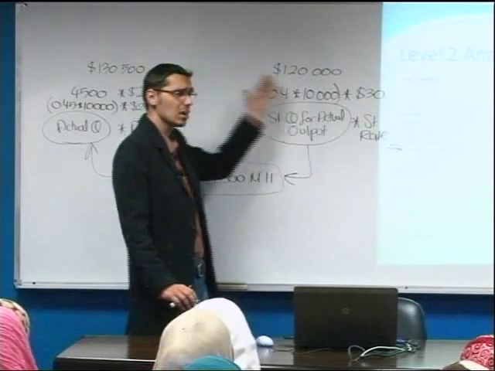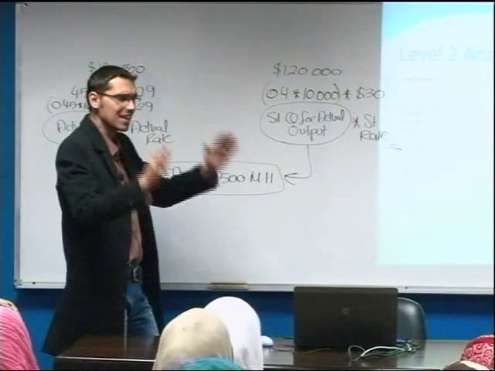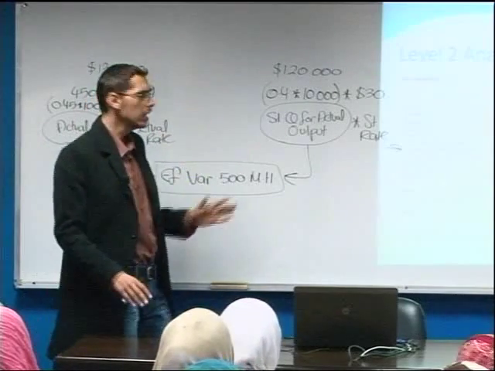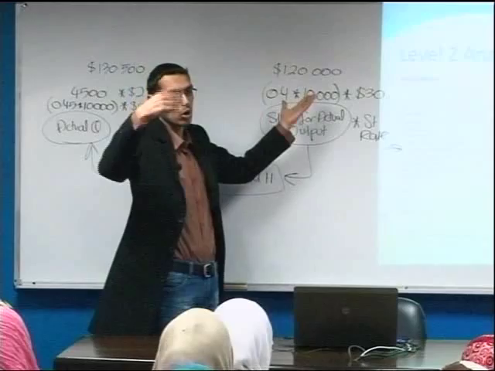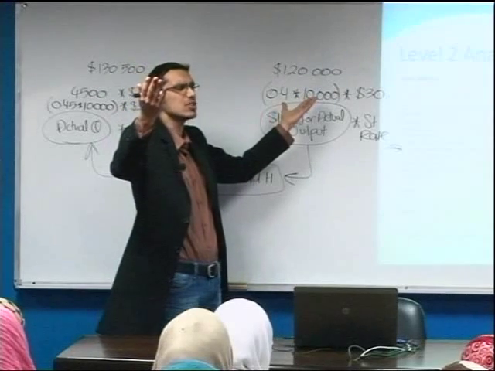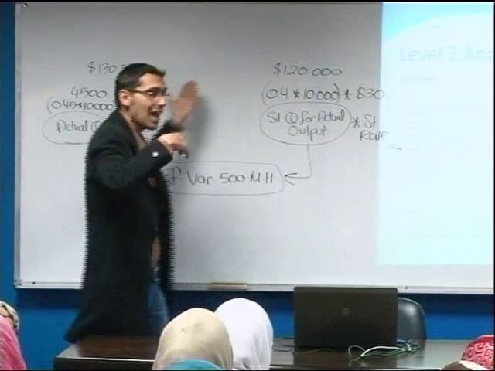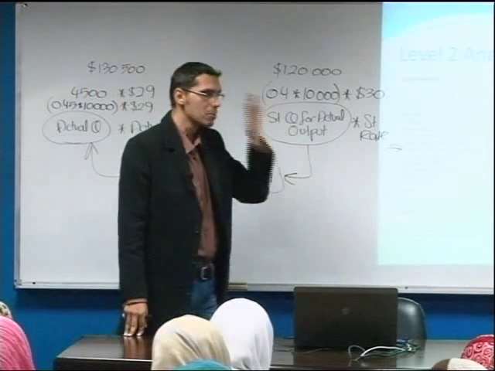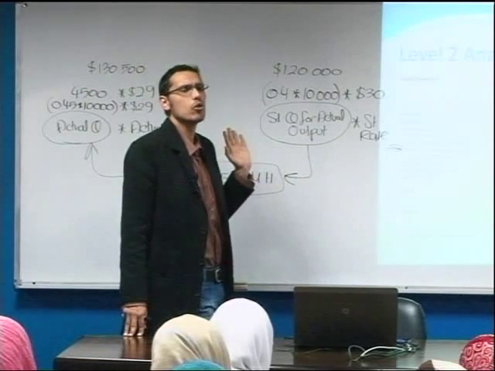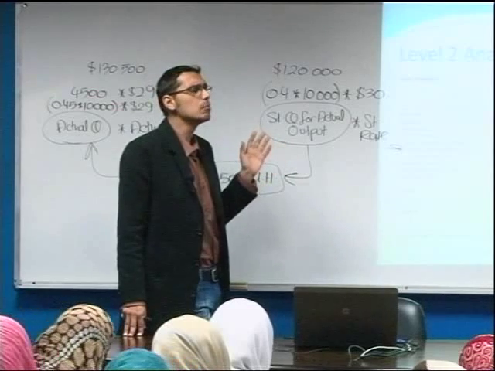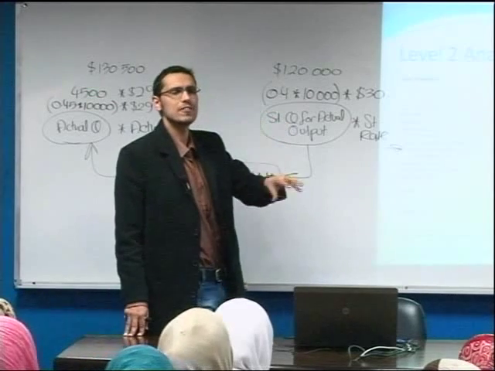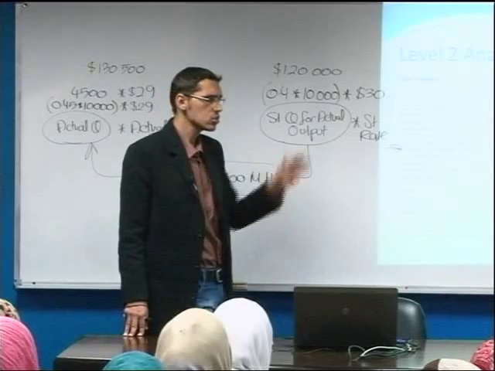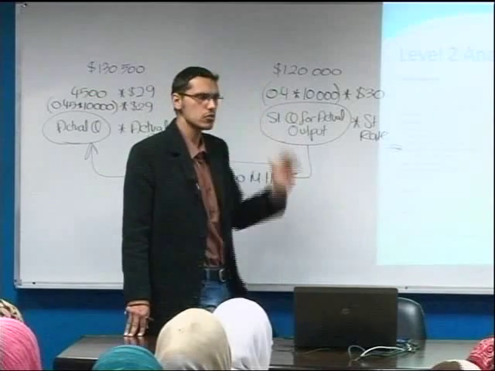We are talking about the same number of units, the 10,000 actual output. The standard expectation was to use only 0.4 machine hour, but the actual was 0.45. Therefore, they used more machine hours than expected. The first cause could be the use of less skilled workers.